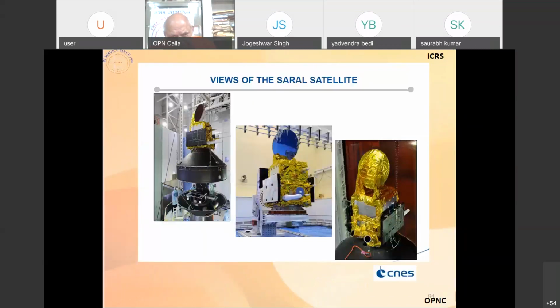Now these are views of it being tested on the table. This is also being tested in the laboratory at the ISAC satellite center. And what you see in gold is the golden foil, which covers various parts of the satellite.